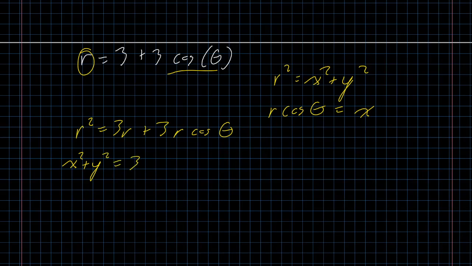I can replace r by itself with the square root of x squared plus y squared. And I can replace r cosine theta with x. And so I can take an equation that's given to me in polar coordinates and I can turn it into something that's written in rectangular coordinates.